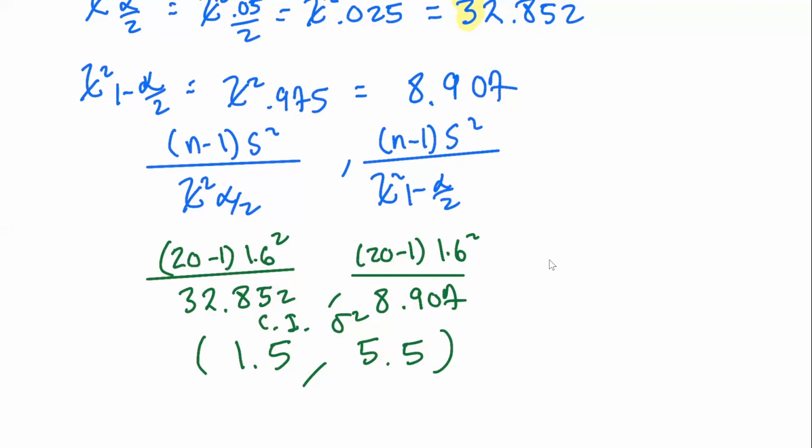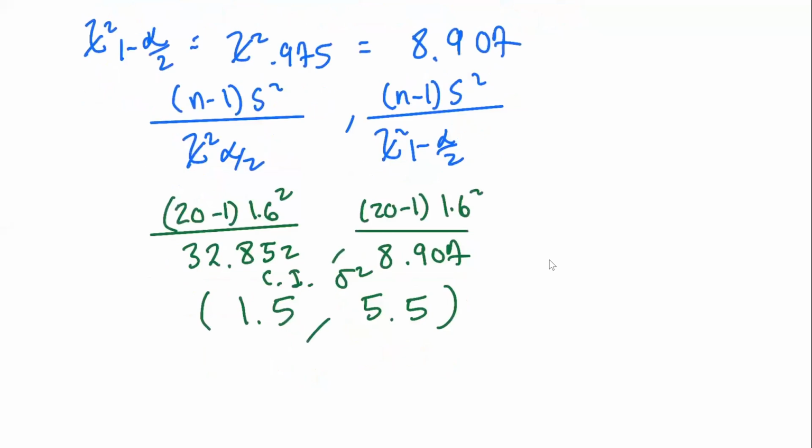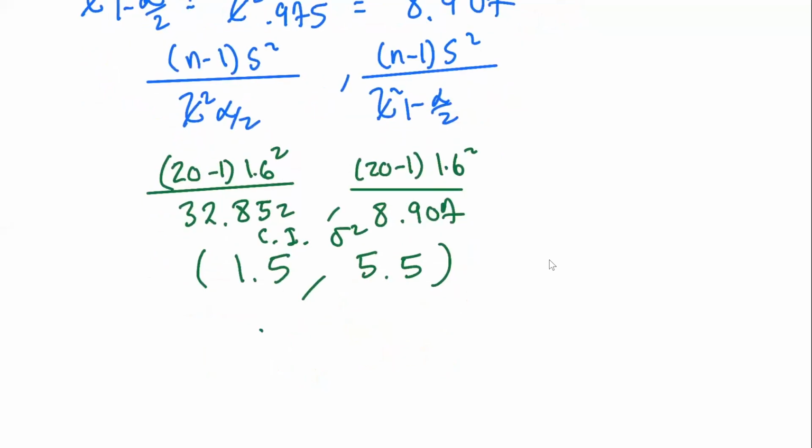All right, so lastly, I want to find the confidence interval for standard deviation. So for standard deviation, all I'm going to do is get 1.5 and take the square root of it. So you do radical 1.5, and you get 1.2. You do radical 5.5, and you get 2.3.